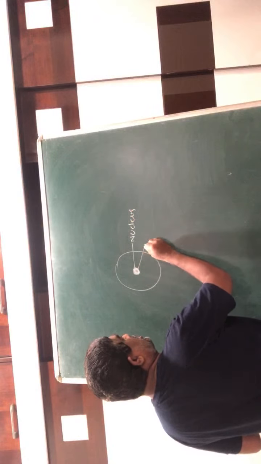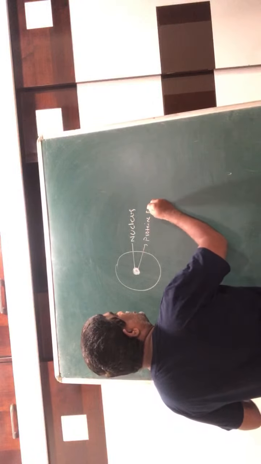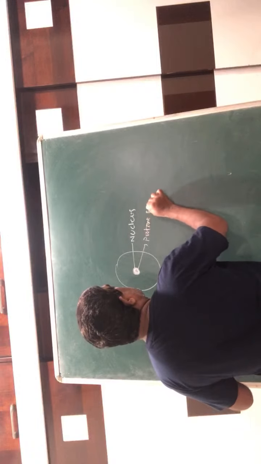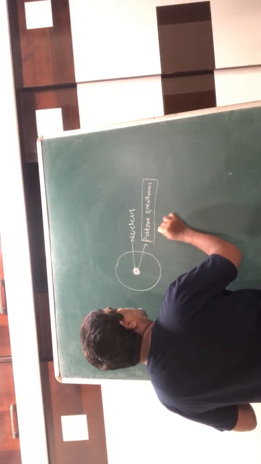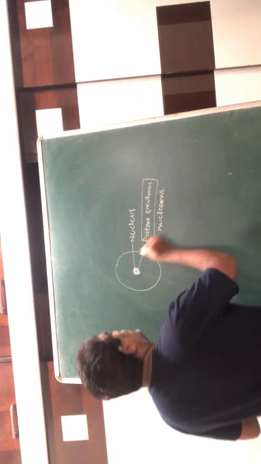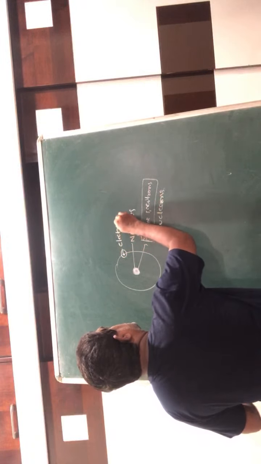And in the nucleus, what are the subatomic particles? Protons and neutrons. And these both are called nucleons. And the electrons revolve around the nucleus.